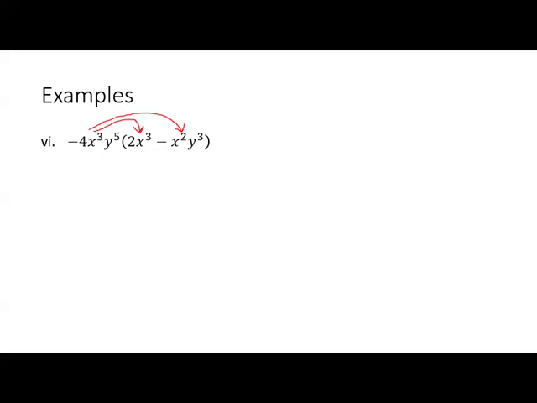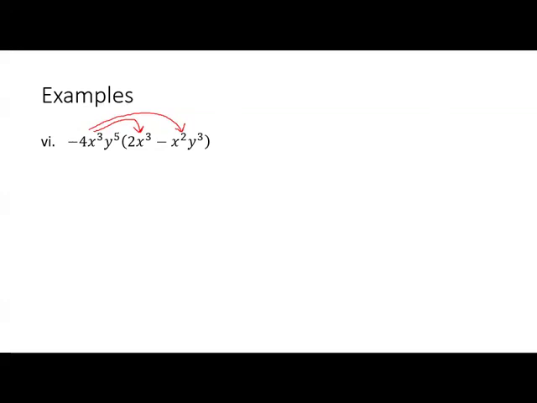X cubed times x cubed will give you x to the exponent of 6, y to the exponent of 5. That is for the first term. -4 times -1 will give you +4. X cubed times x squared will give you x to the exponent of 5.